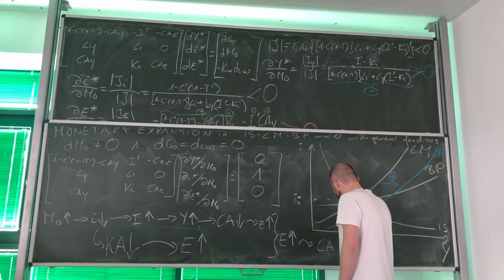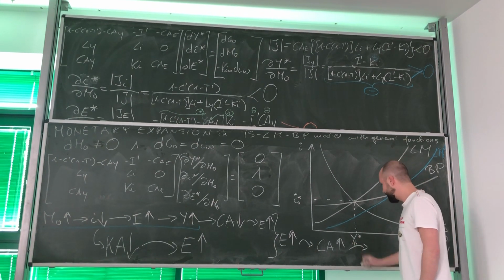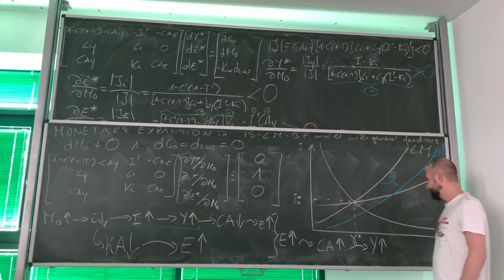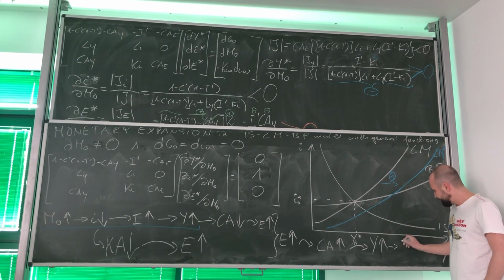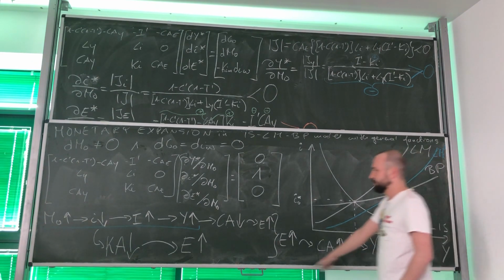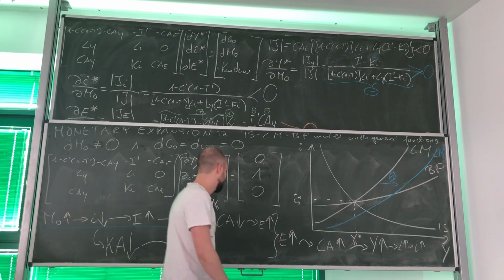And look, if our currency depreciates, this improves our current account. Improvement of our current account means higher GDP. Higher GDP also means higher money demand and higher interest rate, which will close the deficit in the capital account.